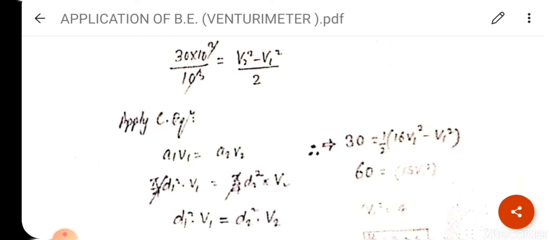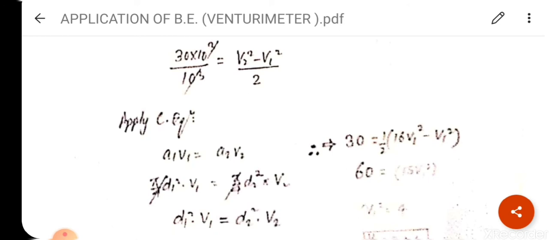Now, applying the continuity equation between 1 and 2, the pipe and throat, we can write A1 V1 is equal to A2 V2. Clear? So pi by 4 D1 square into V1 is equal to pi by 4 D2 square into V2. Pi by 4 will be cancelled out, so D1 square into V1 is equal to D2 square into V2.